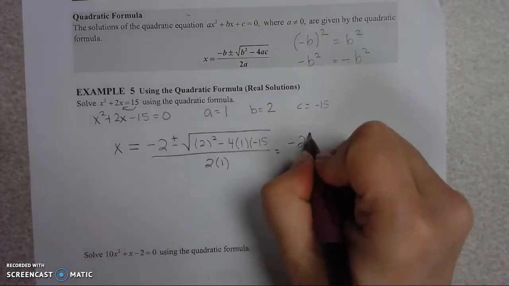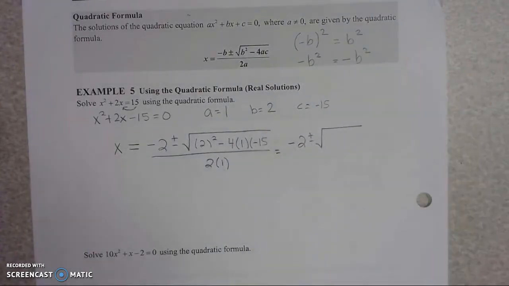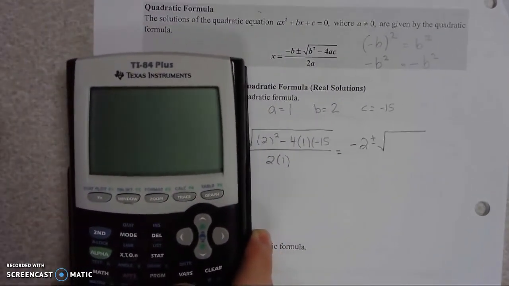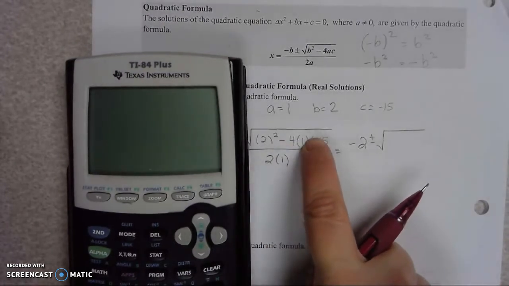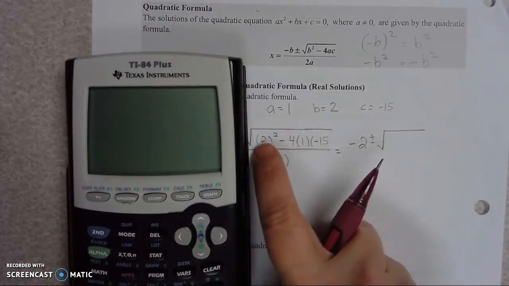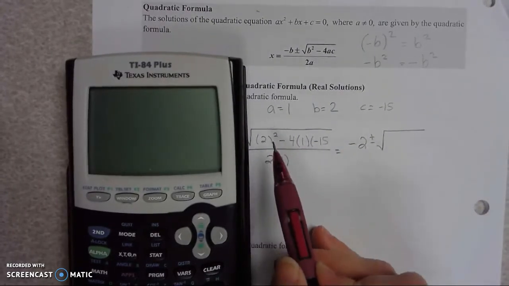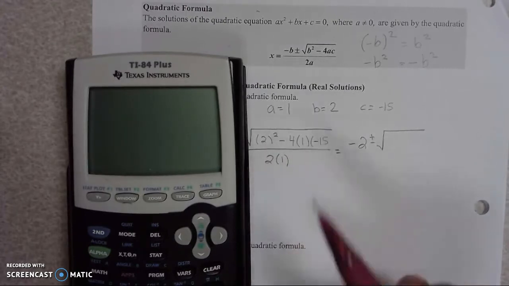So we have negative 2 plus or minus. Under the square root, you can use your calculator and just type in what's under the square root symbol, and we call this the discriminant. So if you ever hear somebody refer to the discriminant, that is what is under the radical sign.